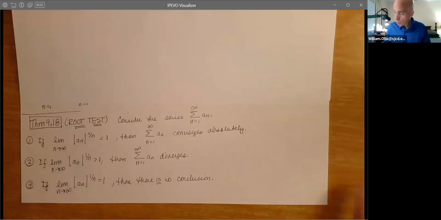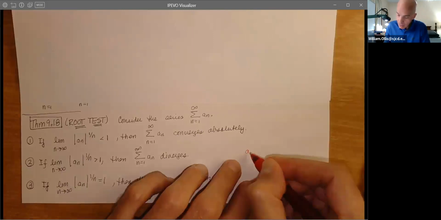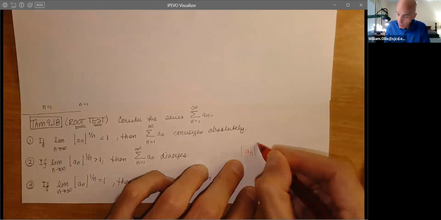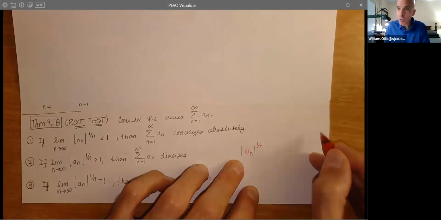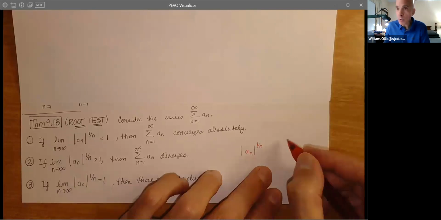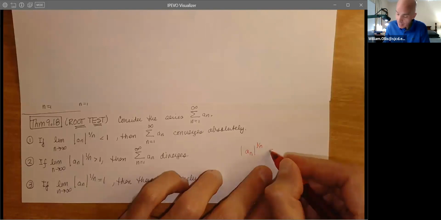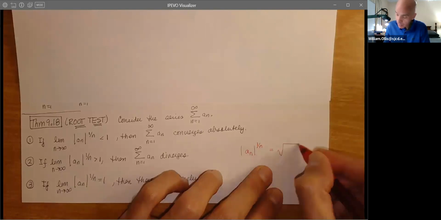Remember, when we do a sub n to the 1 over n, we're lazy because we love this fractional equivalence, like square root and 1/2. Even though we like to write square roots, this is the nth root.